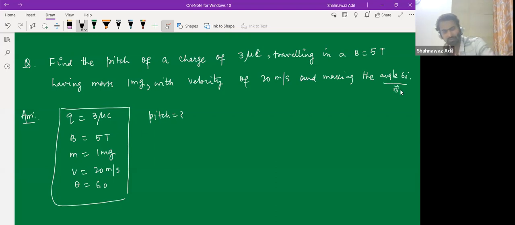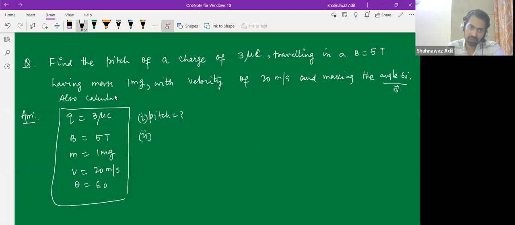Okay, and also let me increase the question. Also calculate the radius of the circular trajectory.